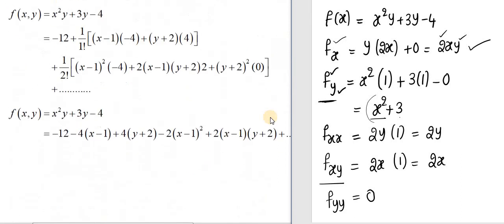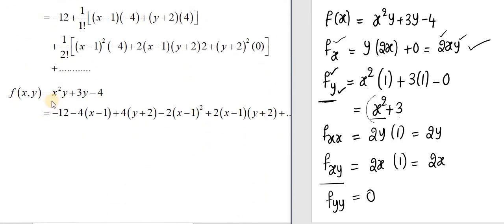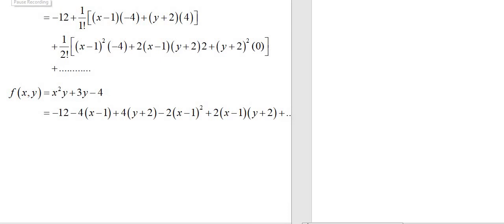Now the final Taylor's expansion of given function is minus 12. Here observe minus 4 into x minus 1 plus 4 into y plus 2 because 1 by 1 factorial is 1 itself. Here observe plus 1 by 2 factorial. 2 factorial means 2 only, 1 is numerator as it is.